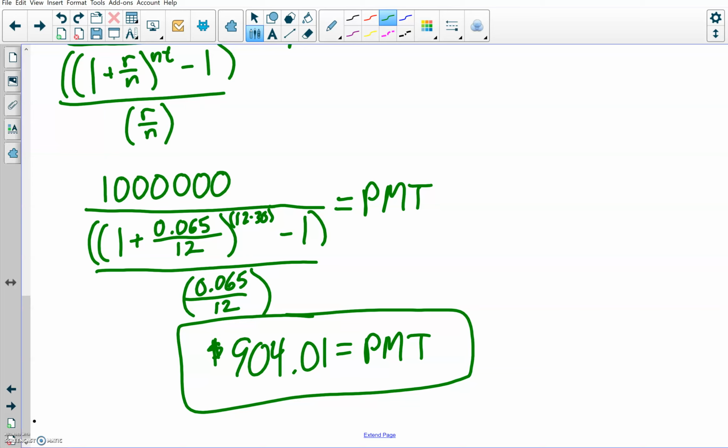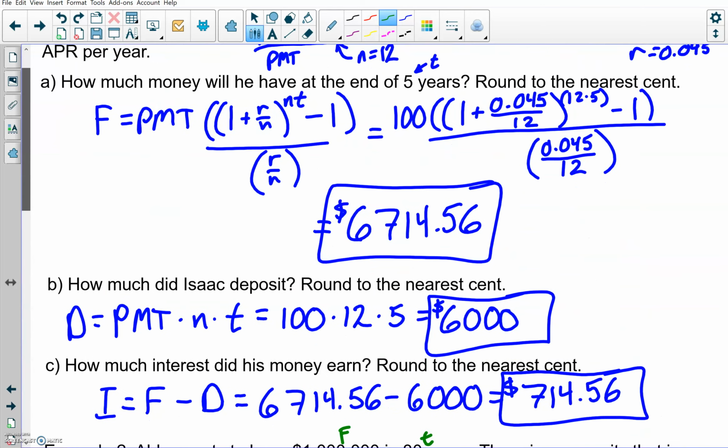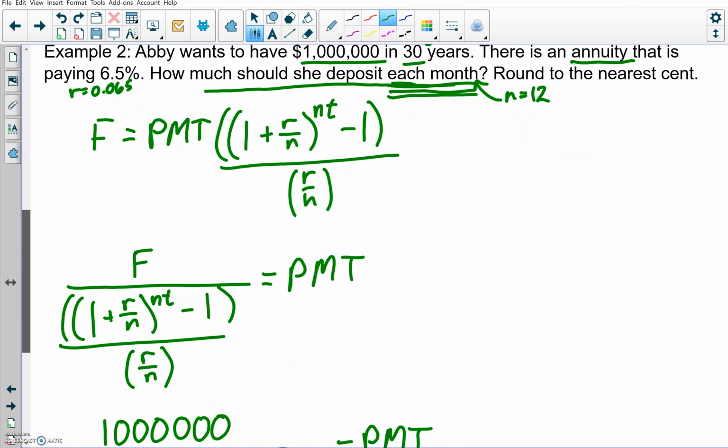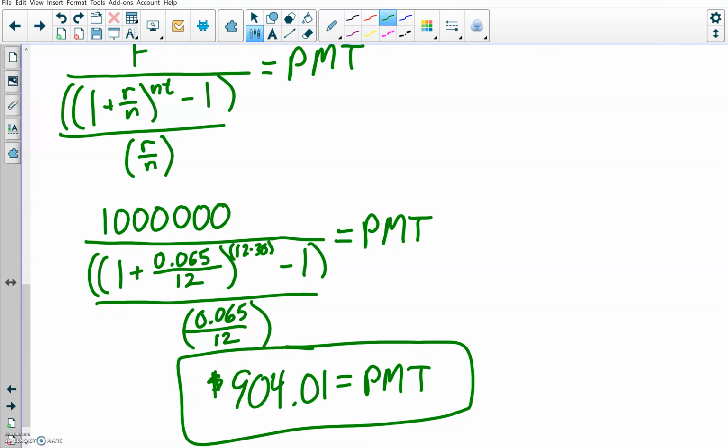But at this point, this is all you really need to do for the savings plan. You are either plugging things in and figuring out maybe the interest earned, or you are looking at how much needs to be paid in order to reach a goal. Those are the two big aspects of the savings plan. And if you have questions about this, please ask.